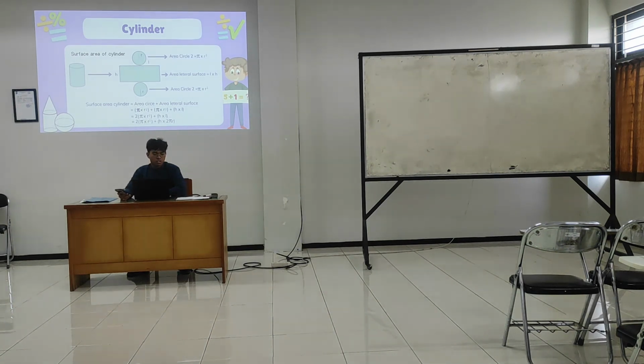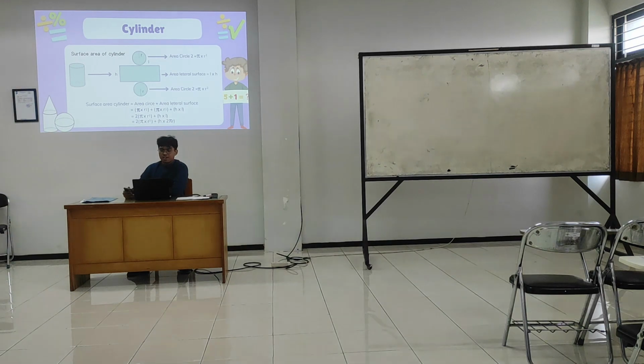So here is the surface area of the cylinder. The area of a circle is pi times r squared, and the lateral surface is length times height, where the length is the circumference of a circle.